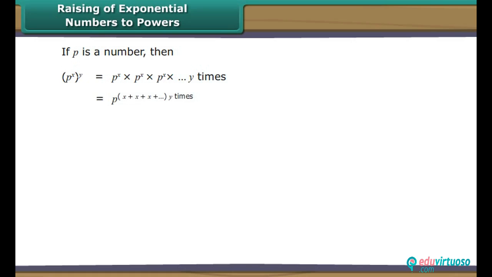Raising of exponential numbers to powers. If p is a number, then (p raised to the power x) whole raised to the power y is equal to p raised to the power x into p raised to the power x into p raised to the power x into so on till y times, which is equal to p raised to the power x plus x plus x plus so on till y times, which equals p raised to the power xy.